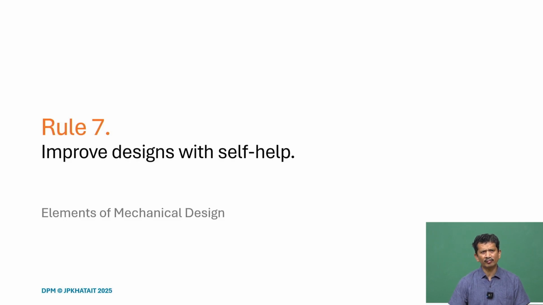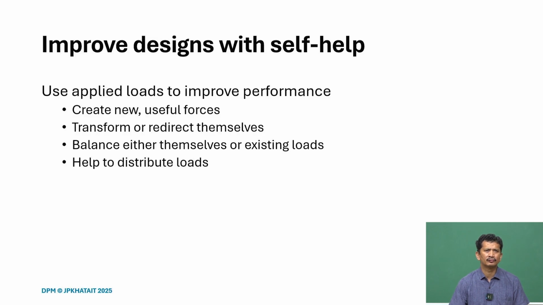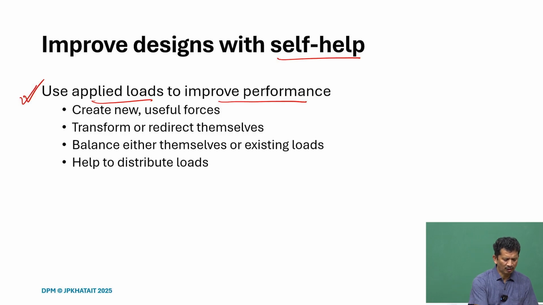So, the requirement is such that the requirement itself reinforces the performance. How? So, when we say self help, what we are trying to say is use the applied load to improve the performance. So, the applied load itself enhances the performance. So, how?